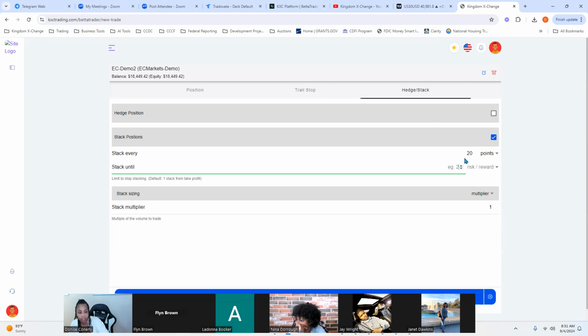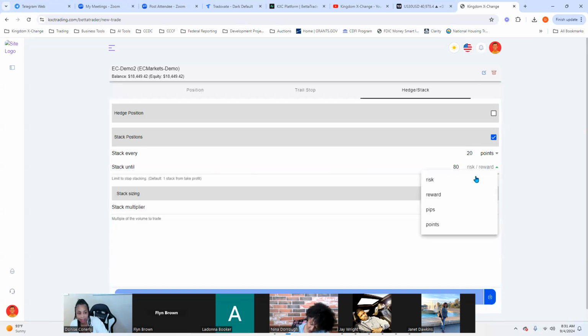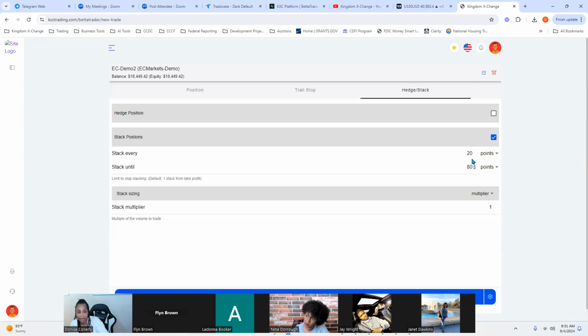So I need to add 4 more. So I want you to stack it until I get to 40 points. Because you're stacking it every 20, that's 4 more positions coming in, for a total of, at the time, 1.25. Or I'm just going to say 100 points, and then I'll be in 1.5. That'll be the total lot size that you'll be in, the 5 positions.